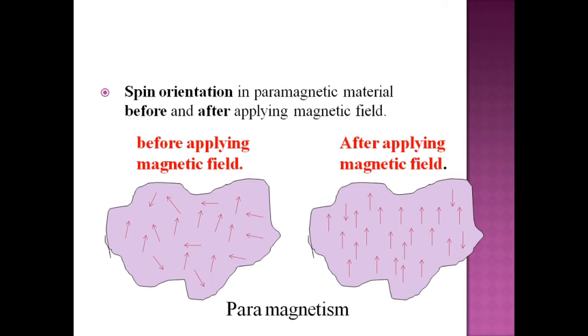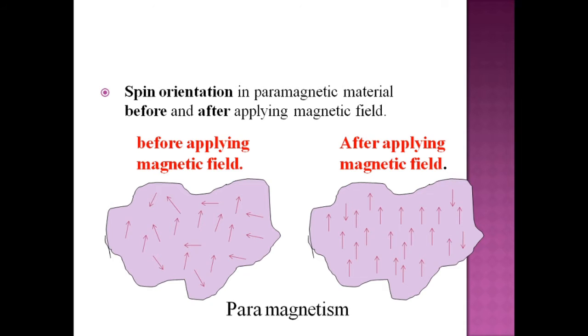When the field is applied, the atomic magnetic moments are aligned in the direction of the field, and that will induce a net positive magnetization and positive susceptibility.